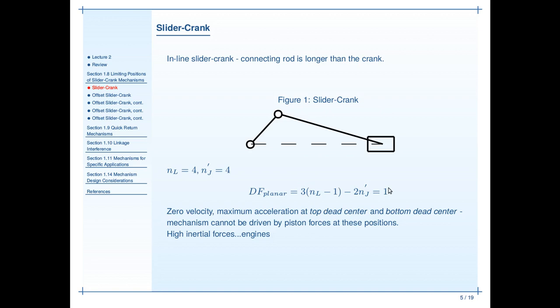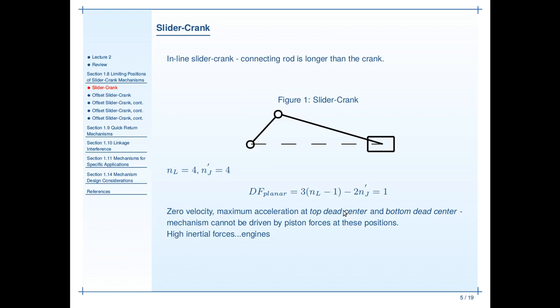A couple of interesting things about this mechanism. Again, it's a fairly old mechanism. When we look at this, we see that the piston, that is, the slider, has 0 velocity at what's called top dead center and bottom dead center.